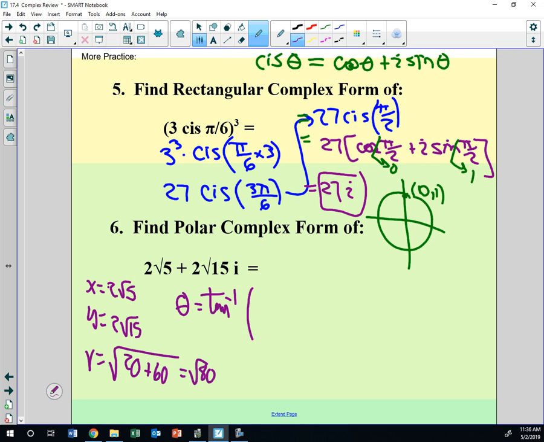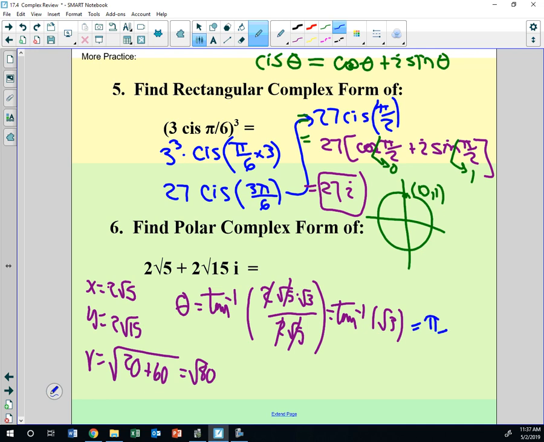You do y, which is 2 root 15. Did you know the square root of 15 is the square root of 5 times the square root of 3, over 2 square root of 5. So you see the method to my madness here. Inverse tangent of square root of 3. Which angle is that? Pi over 6 or pi over 3? Pi over 3. So my answer is going to be square root of 80 cis pi over 3.